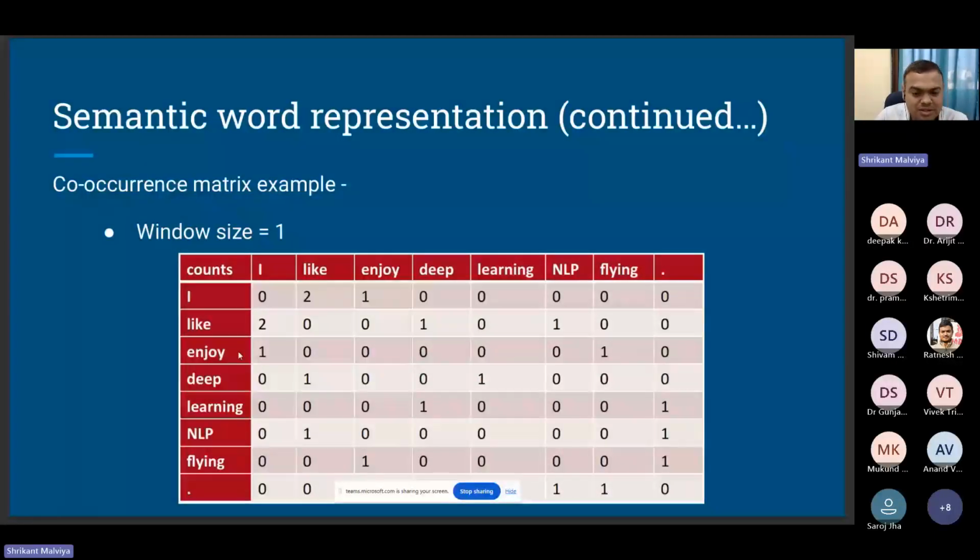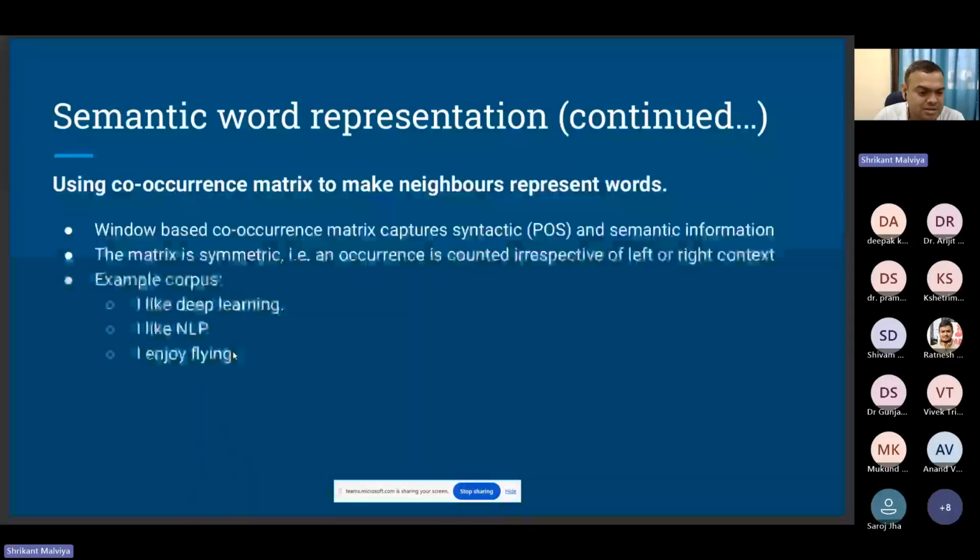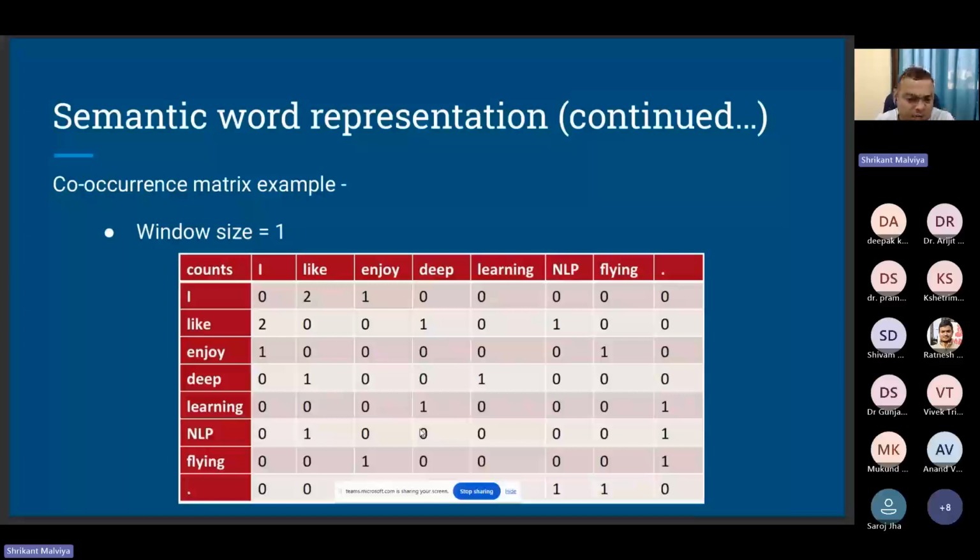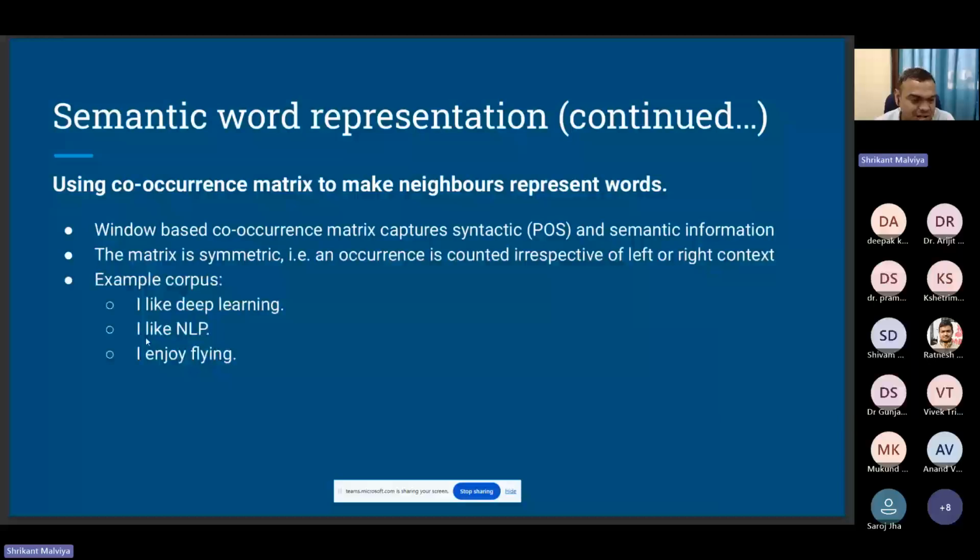So with these three sentences as an example, if we construct the co-occurrence matrix, it would look like this with window size 1. Window size 1 means you only look at one neighboring word in the sequence of words. So I like has value 2. It means I like must be coming two times in the corpus: I like and I like.